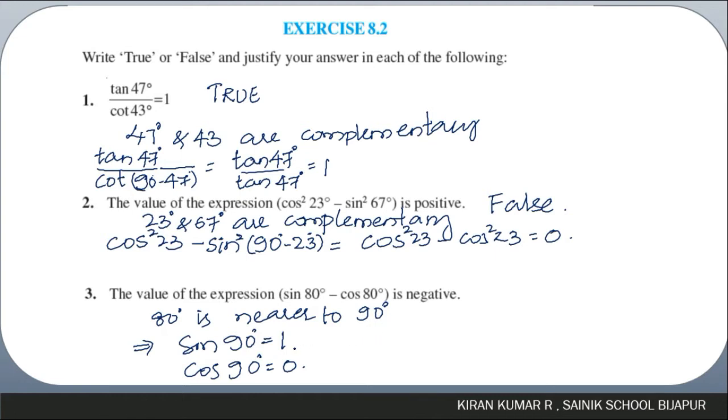So 1 minus 0 will be 1. It means that if I consider sin 80 degree instead of sin 90 degree and cos 80 degree instead of cos 90 degree, the value is going to be greater than 0. Sin 80 minus cos 80 degree is greater than 0.